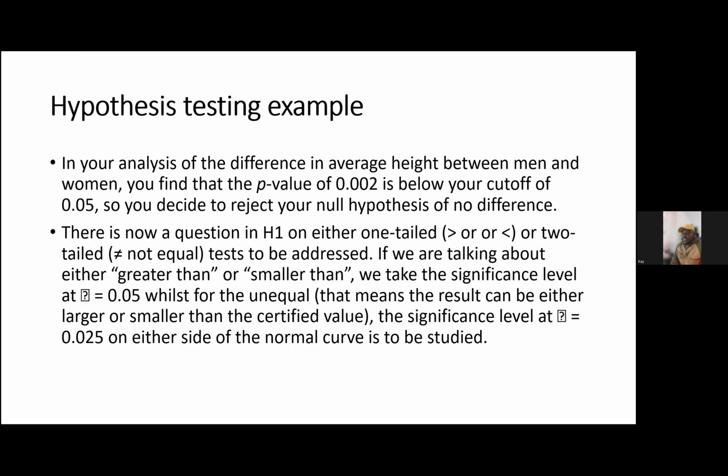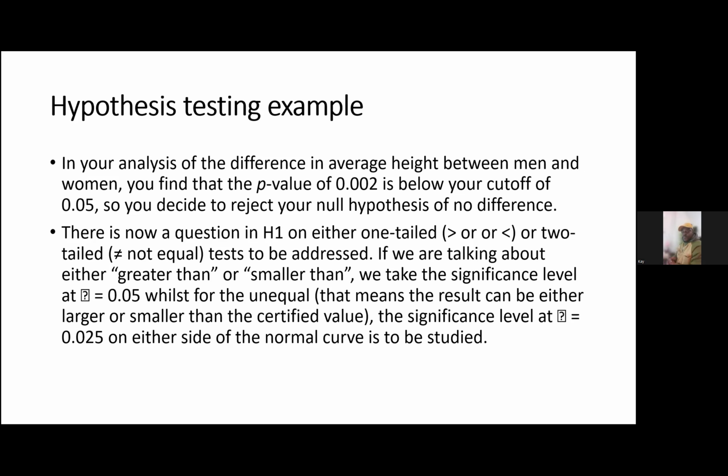That is, if you state your hypothesis at a higher level, or we are agreeing that the cutoff point is 0.05, and you realize that you have 0.00. It's below.